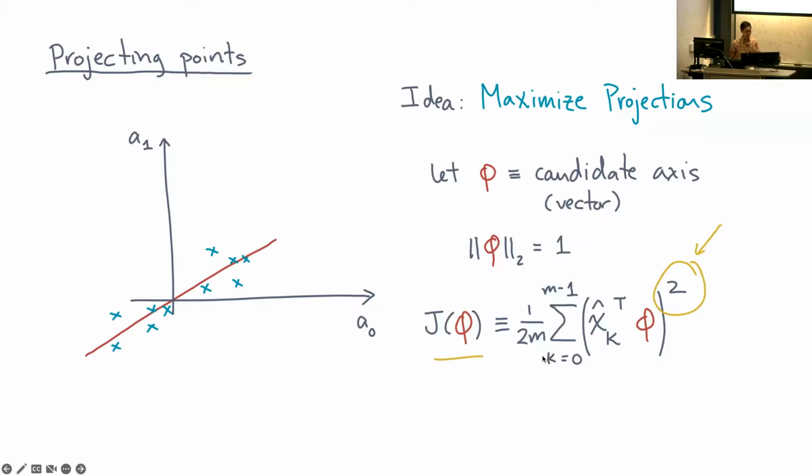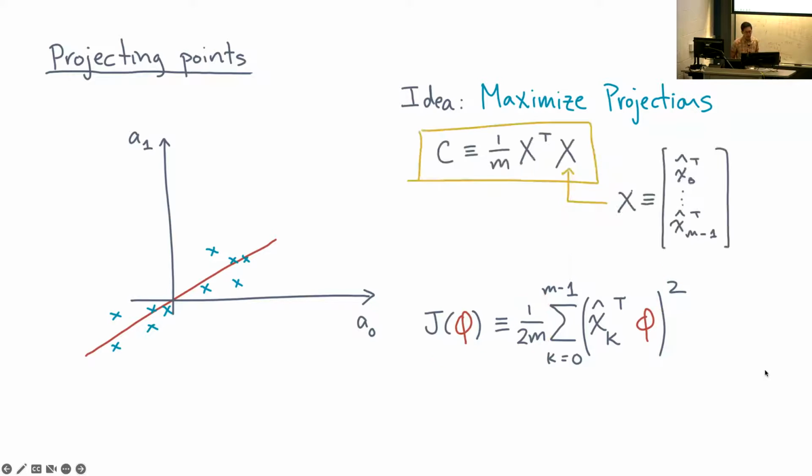When we go and minimize this thing, we're going to get some formulas, and the formulas will be cleaner if we use this particular constant. But it's just a constant, so it doesn't change the maximization problem. Okay, so okay so far?